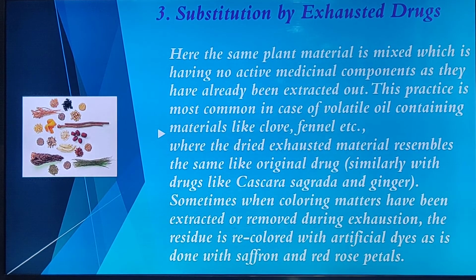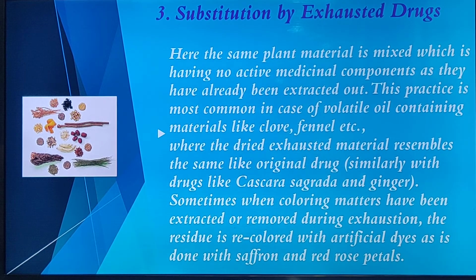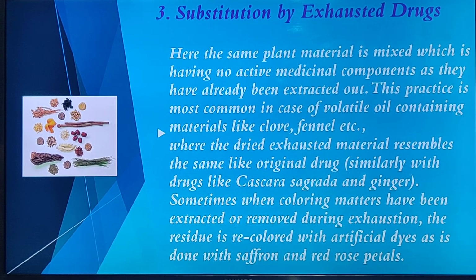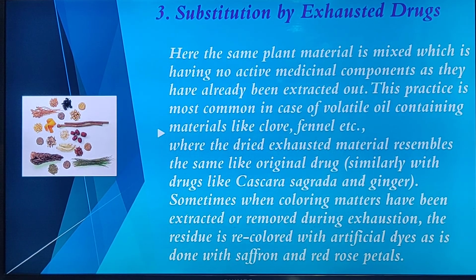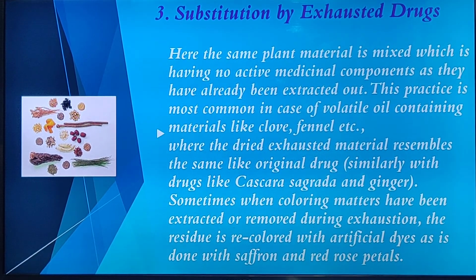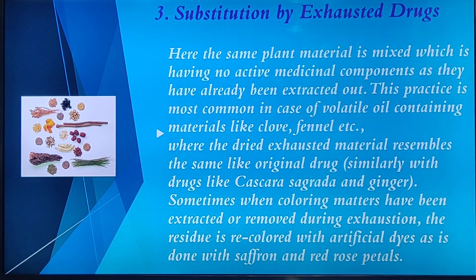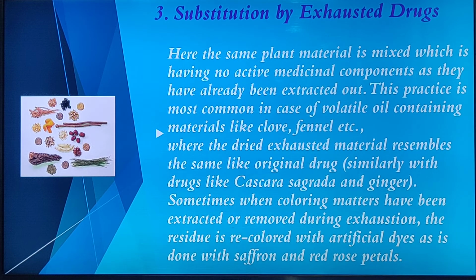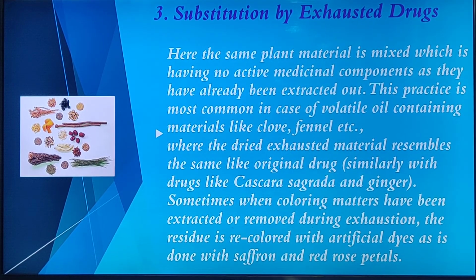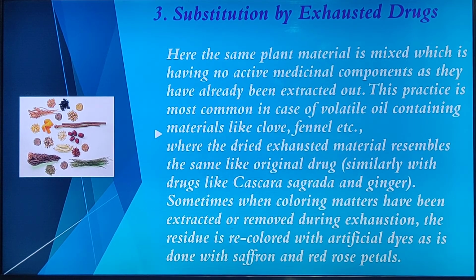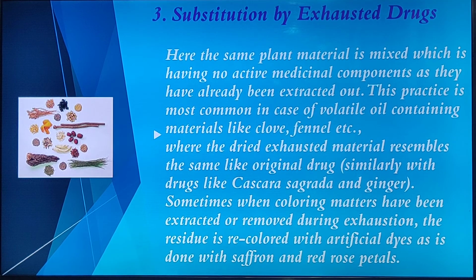Third type is substitution by exhausted drugs. Here, the same plant material is mixed, which has no active medicinal components as they have already been extracted out. This practice is most common in case of volatile oil containing material like clove, fennel, etc., where the dried exhausted material resembles the original drug.